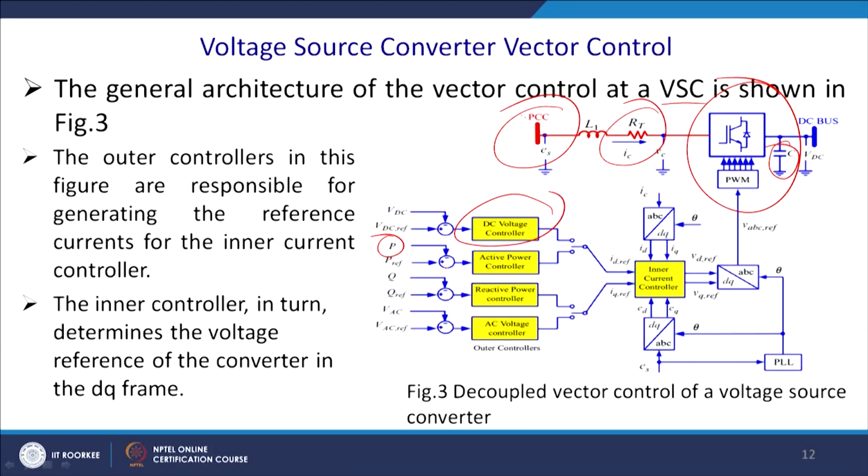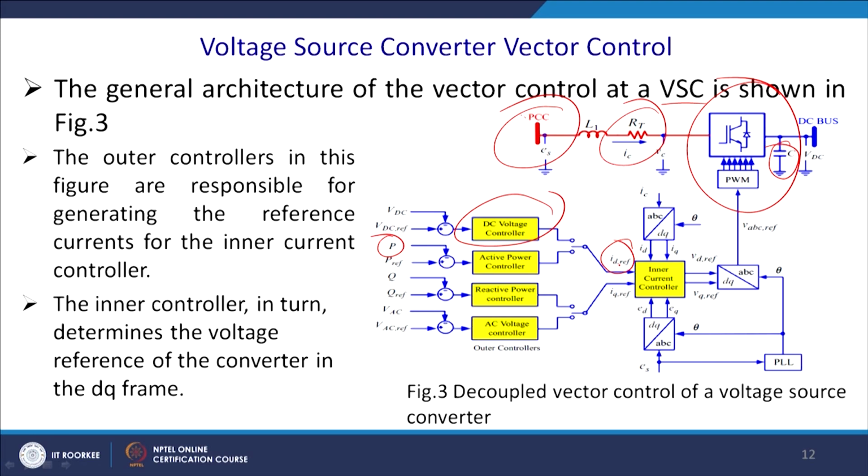So, generally what happens, you have this power reference you will be calculating and will compare it, and accordingly you will generate, and this will be fed to the PI controller, and these two controller currents will add up, since this will be a DC quantity in a rotating frame, and thus you get the ID reference.